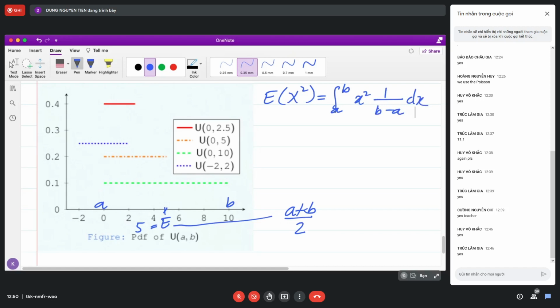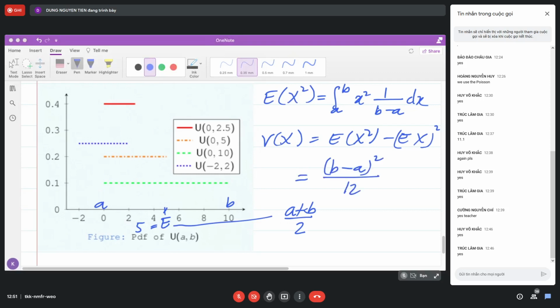And then you can find the variance of x, which is the mean of x squared minus the square of the mean of x. Okay, do you understand? And then by using the calculation, you can get (b-a) squared divided by 12. All right. Okay. Do you understand what I'm saying?